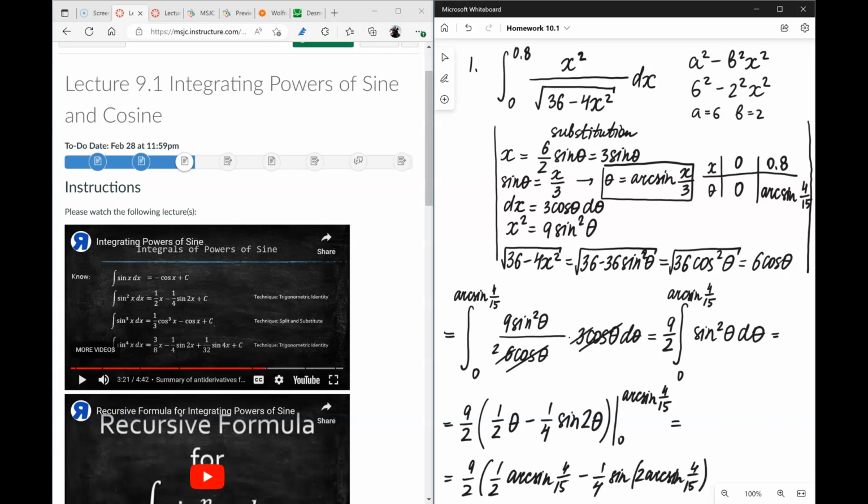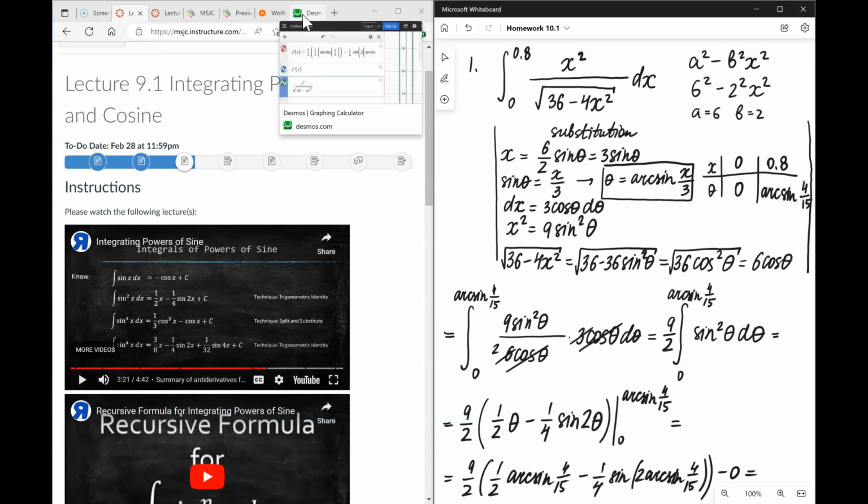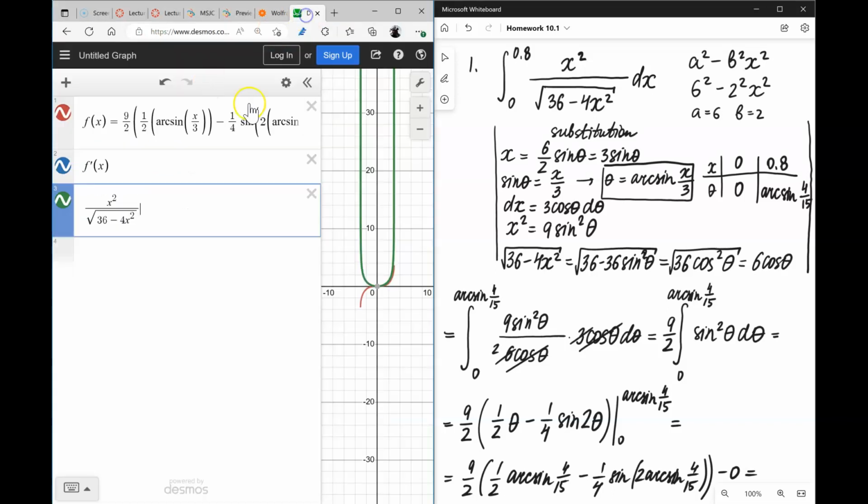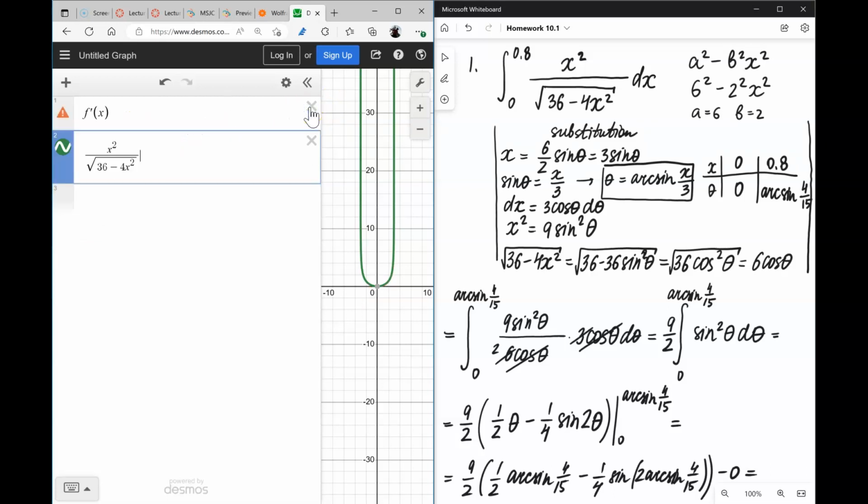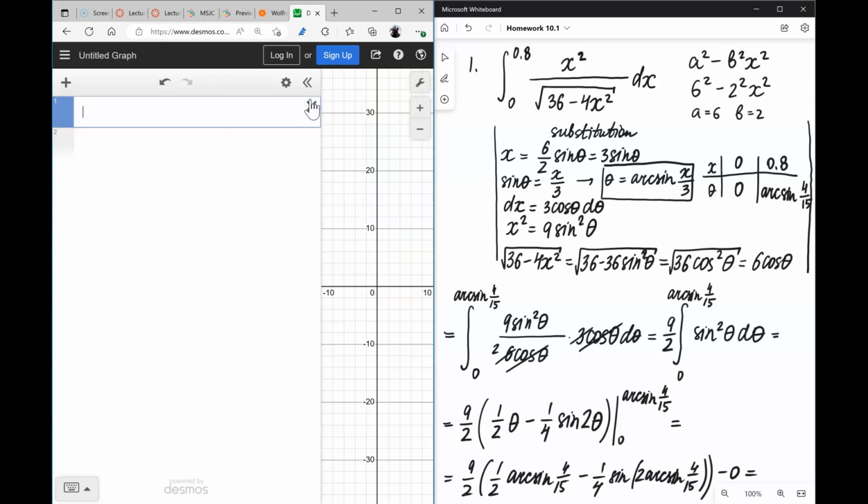You can do this by hand, I mean using a calculator, or you can use Desmos, for example, and I actually have it typed over here. You can just type this expression up.